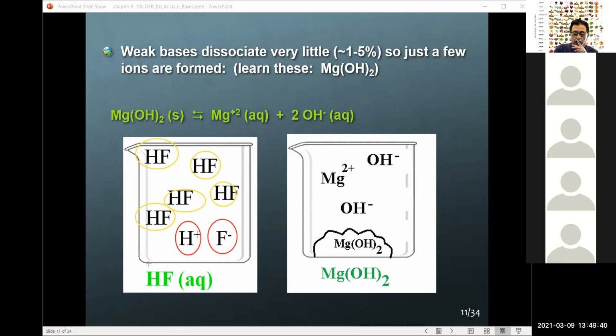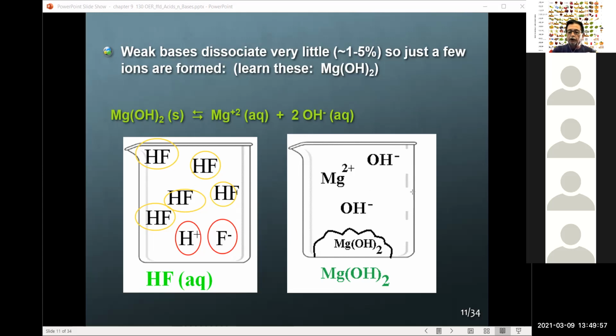This is what happens when you find covalent compounds that are weak. They're still floating around in solution, but they're not dissociated.